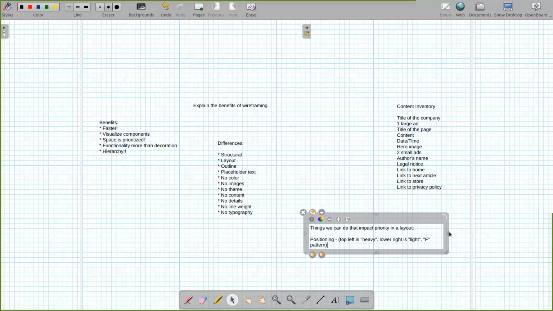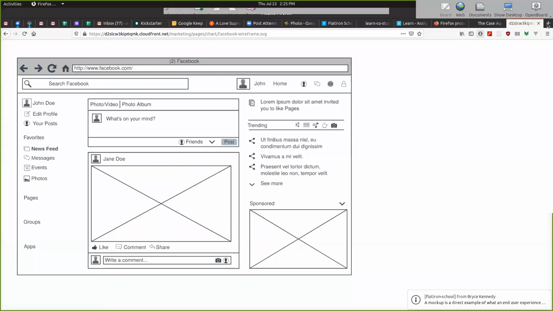This one's super culturally dependent, but in Western cultures, upper left, that has tons of visual weight to it. It's where your eye naturally goes first. And then this F pattern, this is from eye tracking studies.